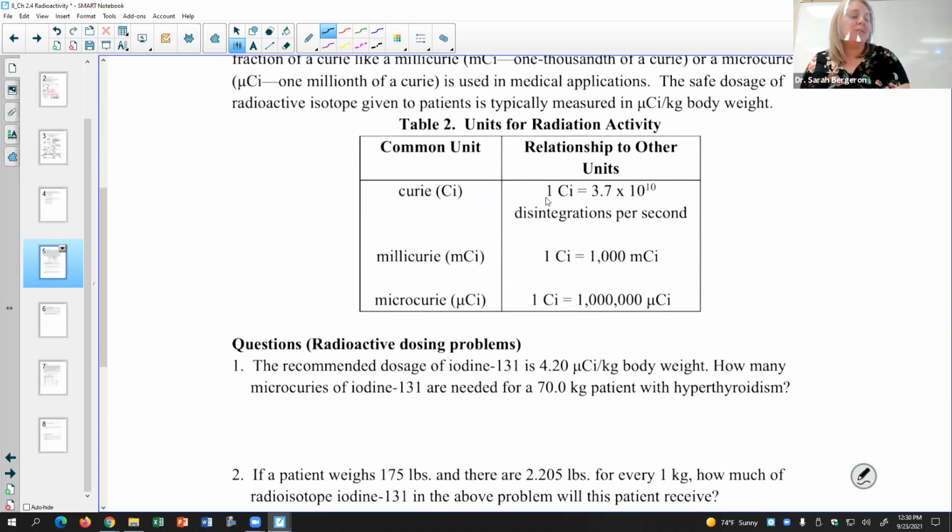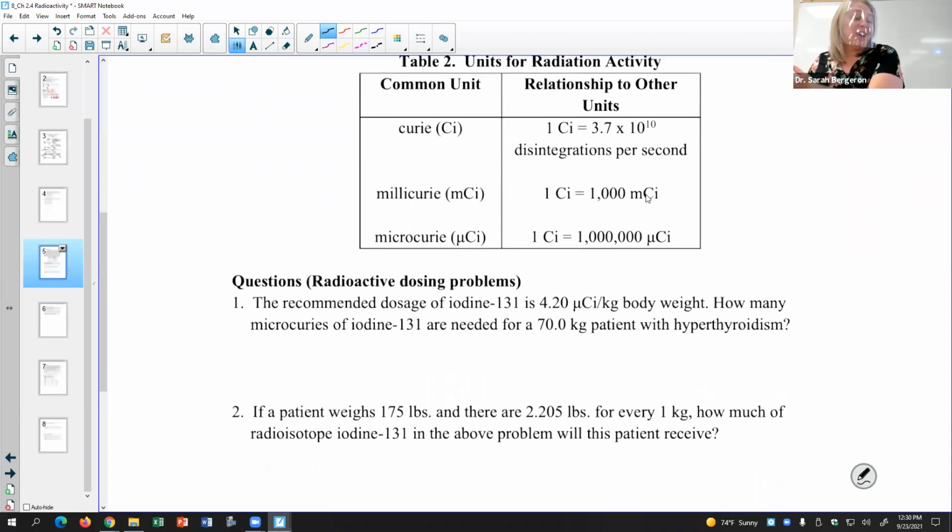So when we talk about what a curie is, it's how many disintegrations, so how many atoms are changing or decaying per second, right? That's a lot. 3.7 times 10 to the 10. That's 10 zeros behind it. That's a lot, okay?